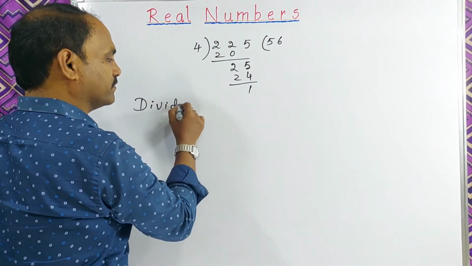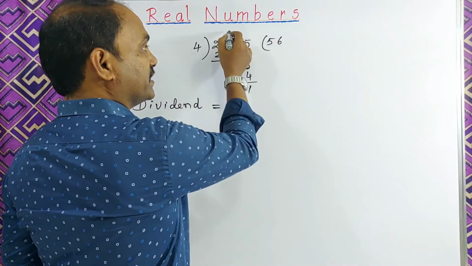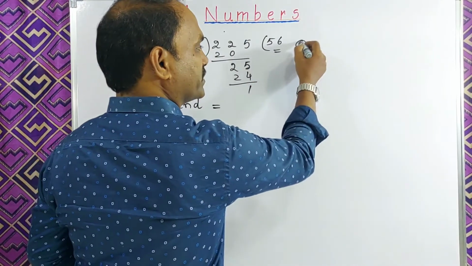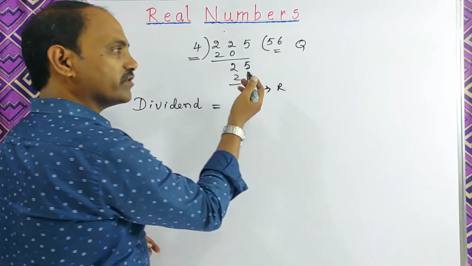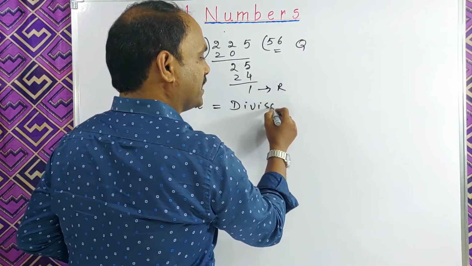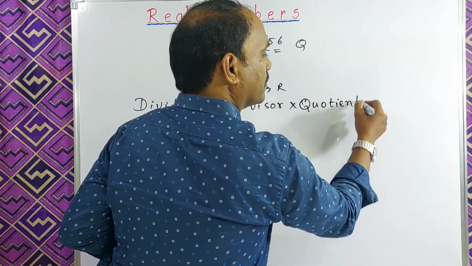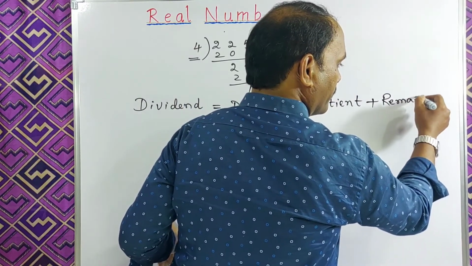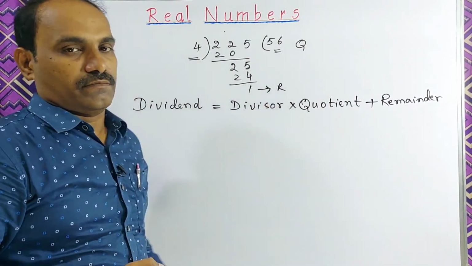Dividend is equal to divisor into quotient plus remainder. This one is the dividend, this is the divisor, this is the quotient, and this is the remainder. This is called the division algorithm.